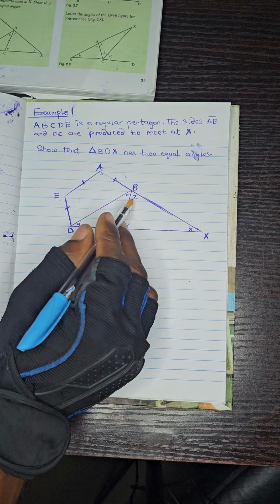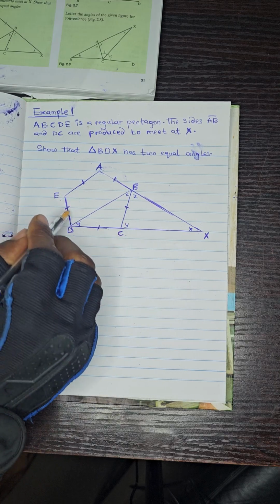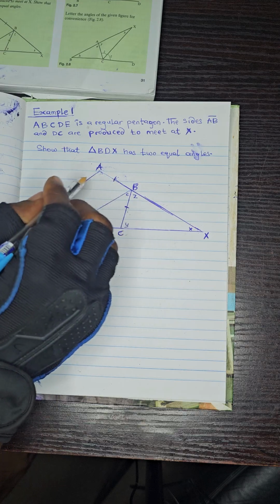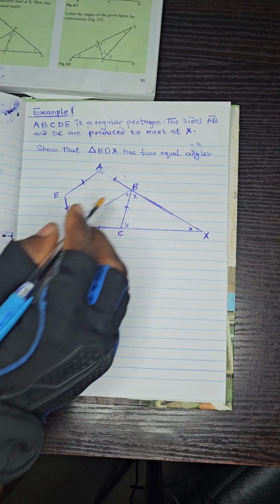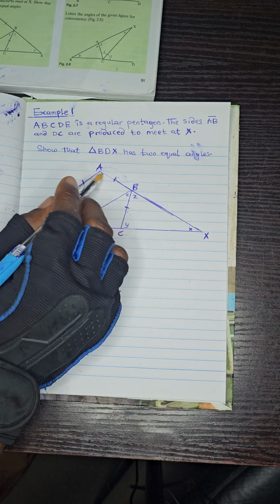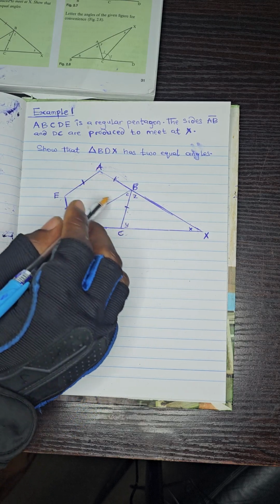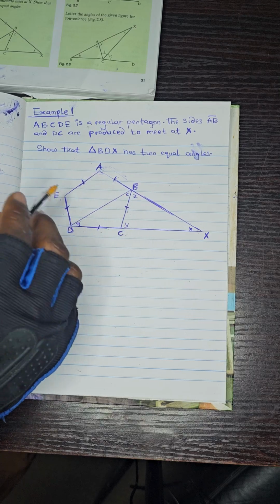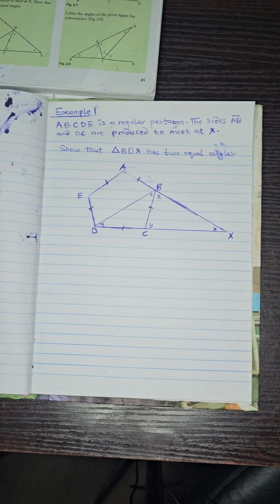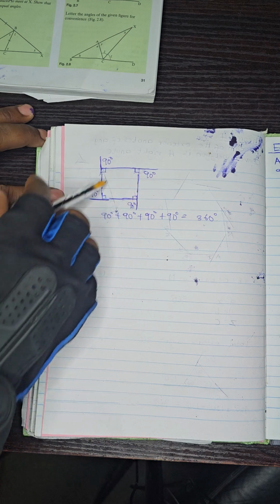So the first place we are going to start, let's assume we start from here. Since this is a regular polygon, this Z is an external angle of the regular polygon, the same as this Y. Because it's regular, all the external angles will be equal. Remember what we did when we were proving this 90? This is a square, and a square is another regular polygon.